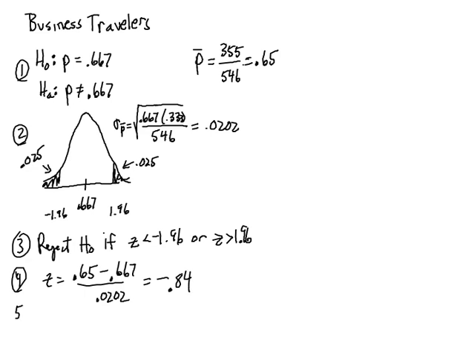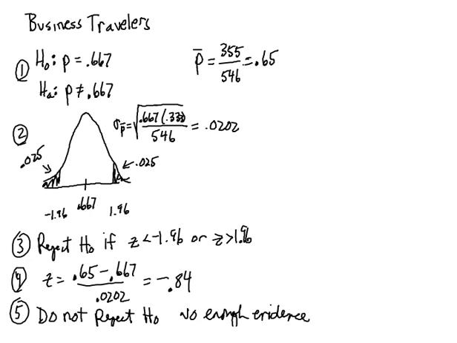So step 5, do not reject H sub 0. Not enough evidence. Not enough evidence to prove that the null is wrong.